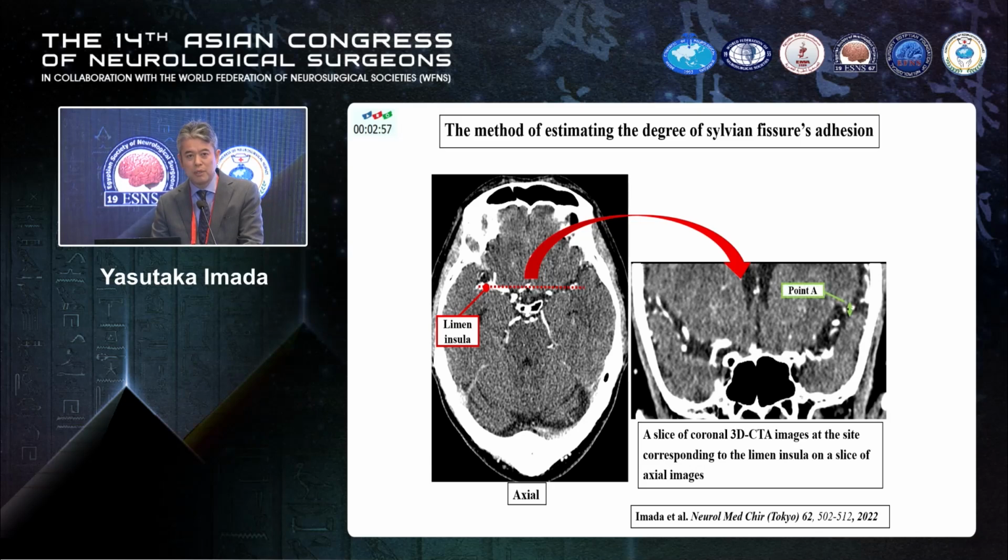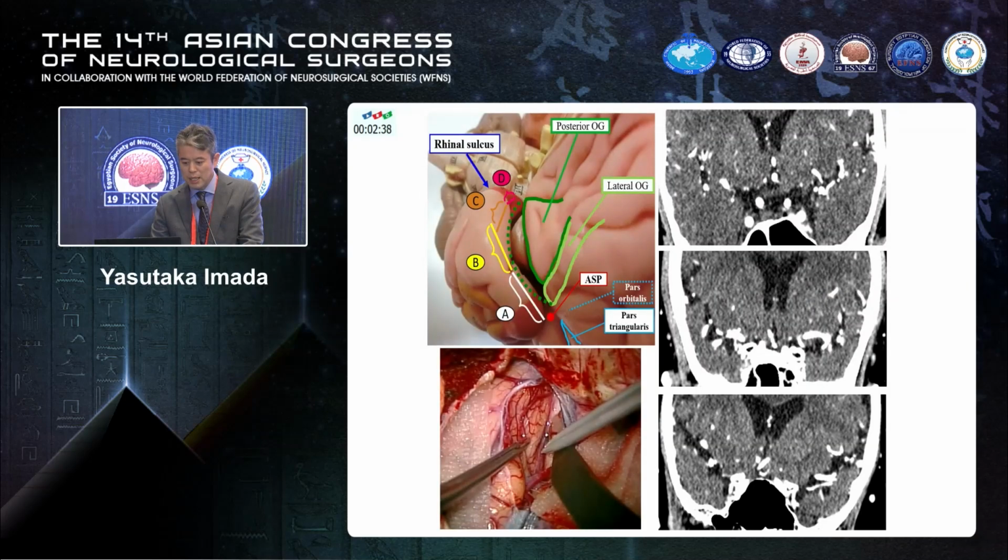The subarachnoid space at point A demonstrates the space of surface A. Point B demonstrates surface B. Point C demonstrates surface C.